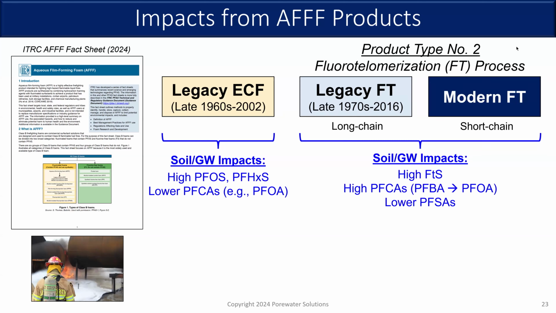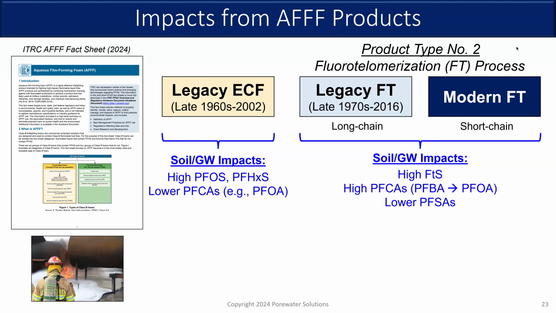The second process is called fluorotelomerization, or FT. And there's really two categories of FT products. There's the legacy FT products, which tend to have more long chain compounds in them. And then there's the modern FT products, where short chains replace the long chains. So they're much more dominated by short chain PFAS.